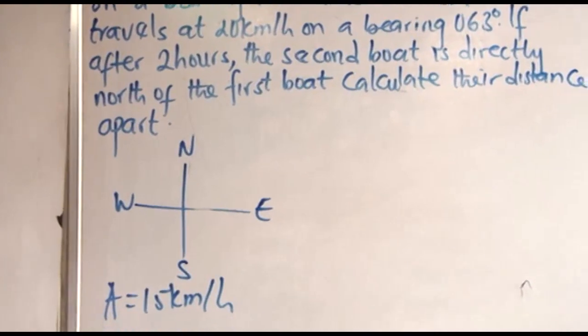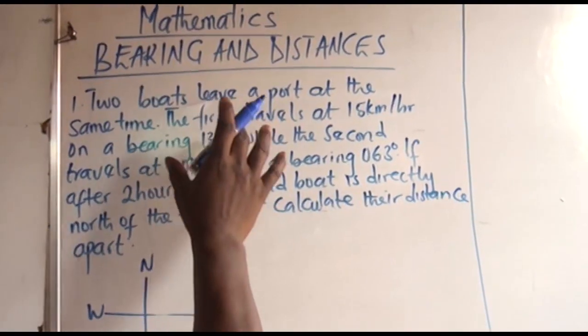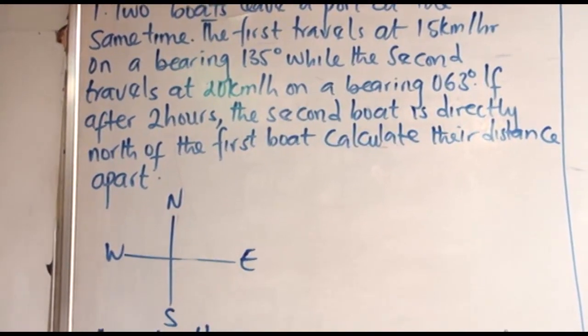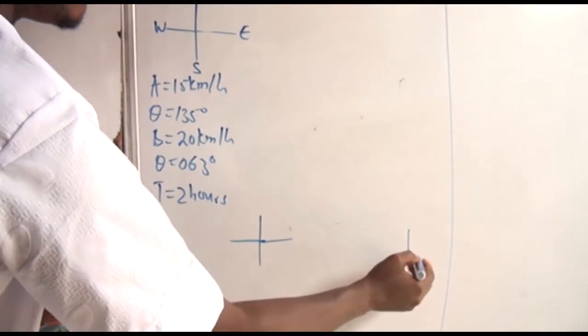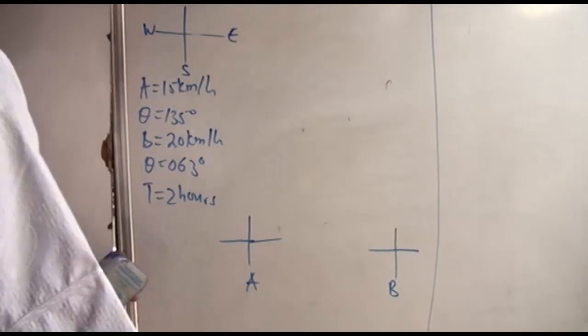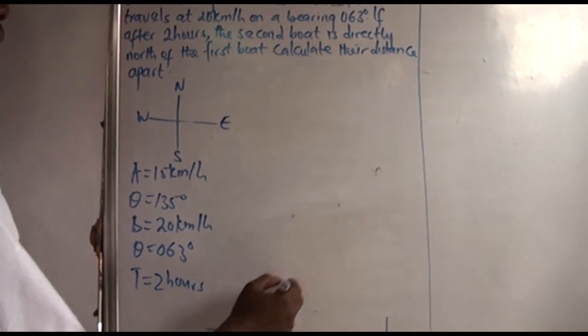How do you go about this? I go back to the question. Two boats leave a port at the same time. Call them boat 1 and boat 2, or A and B. The first travels at 15 kilometers per hour.